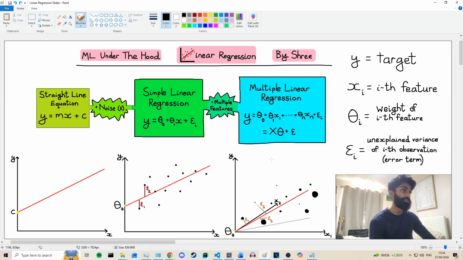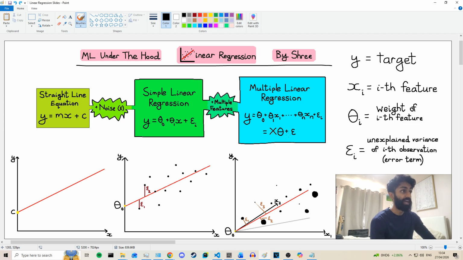Multiple linear regression is essentially the equation of a straight line in multiple dimensions. This is required for most real-world applications because typically you'll be using multiple features to predict your target.